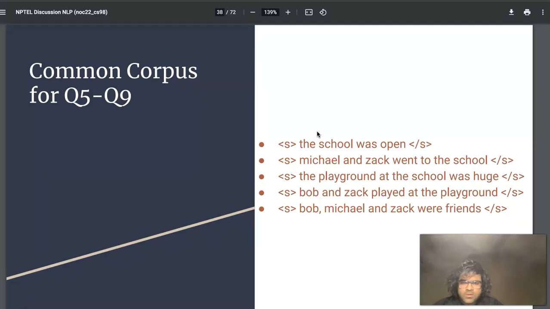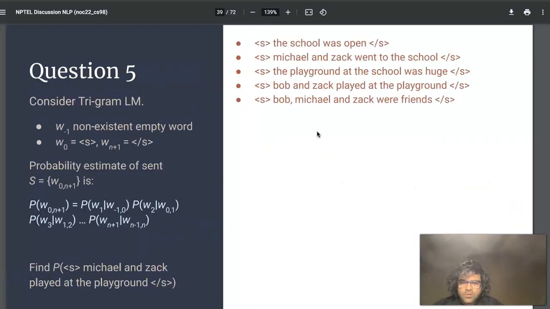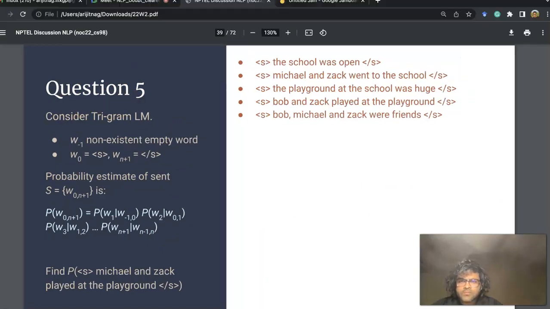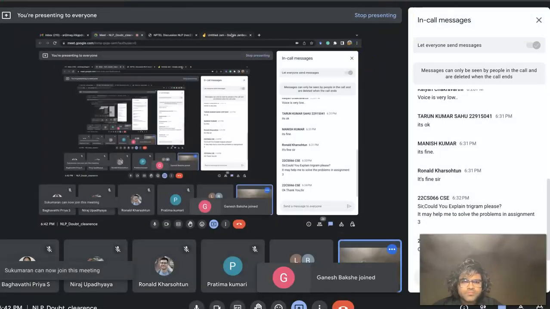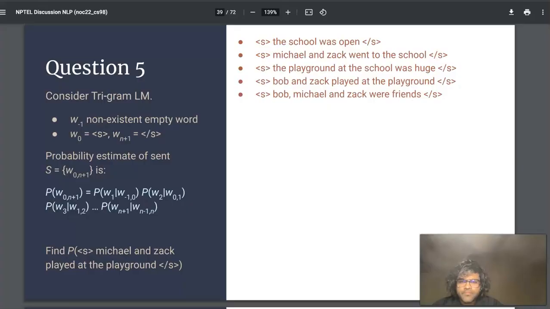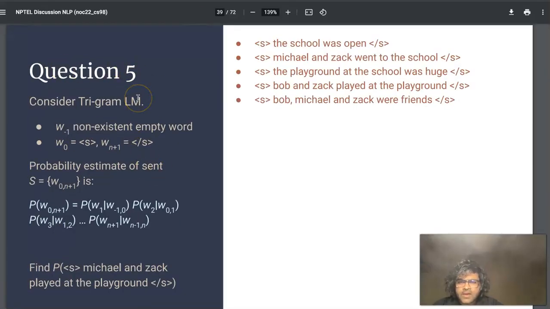Now let's see the first question. The first question is related to this diagram. What is the question?